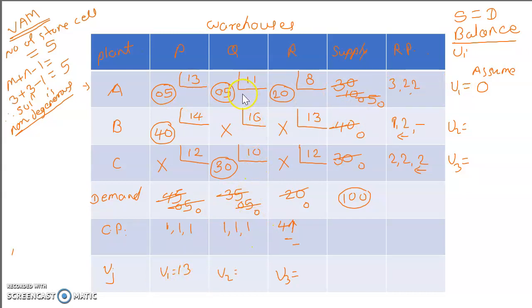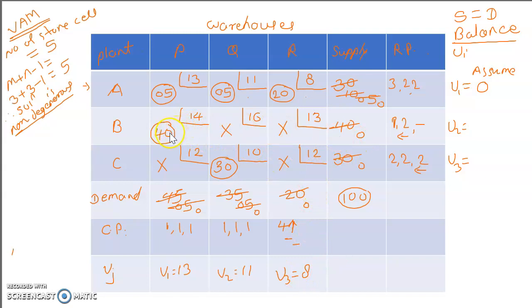Similarly for the second stone cell, V2 is unknown but U1 is known, so 11 minus 0 is equal to 11. For the third stone cell, C is 8, U1 is 0, V3 is unknown. Therefore 8 minus 0 is equal to 8. This is the value of V3.